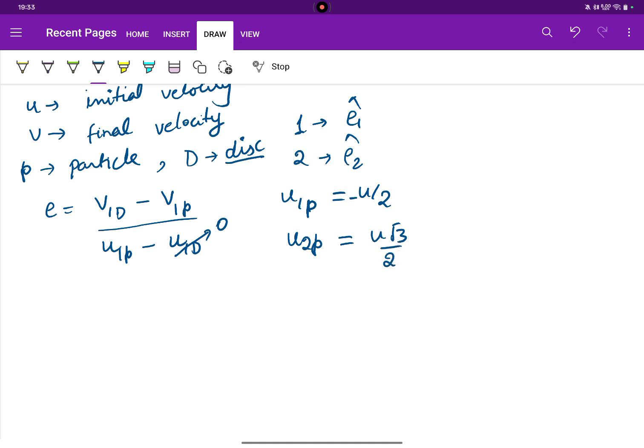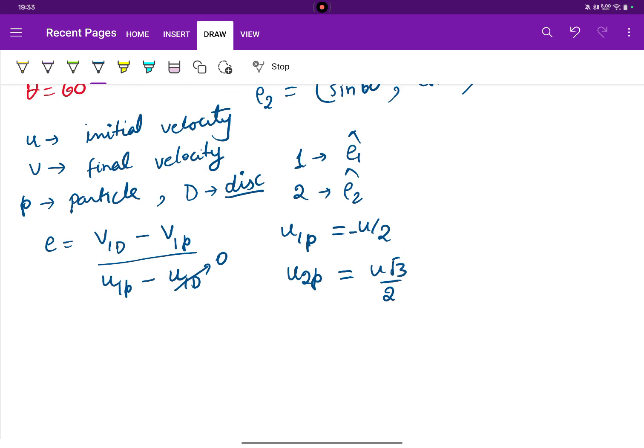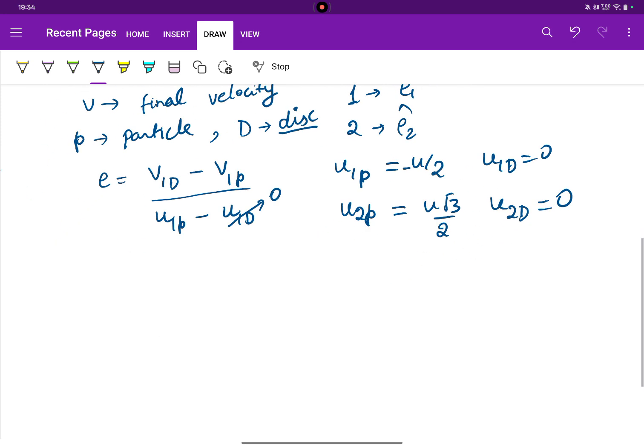Similarly for the disk, u1d is 0 and u2d is 0. 2 and 1 are the directions, d is the disk. Because the disk is at rest initially, and u is the initial velocity, now just put those values.